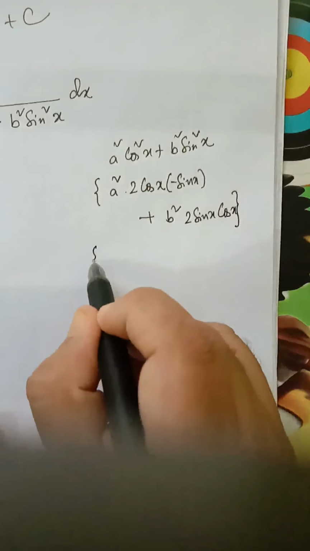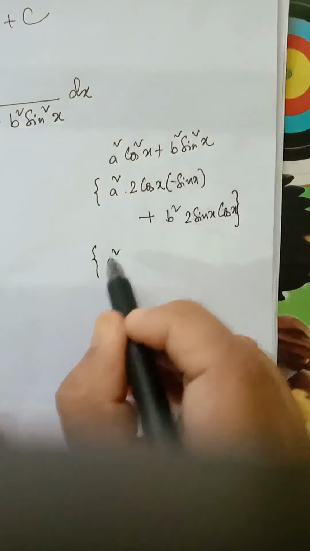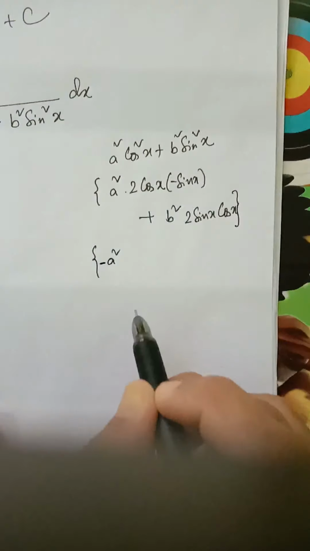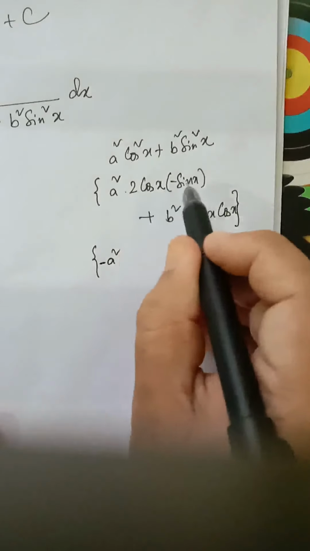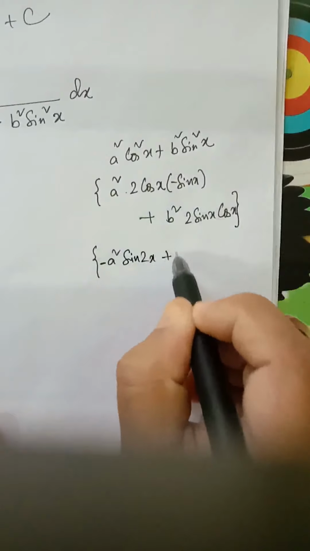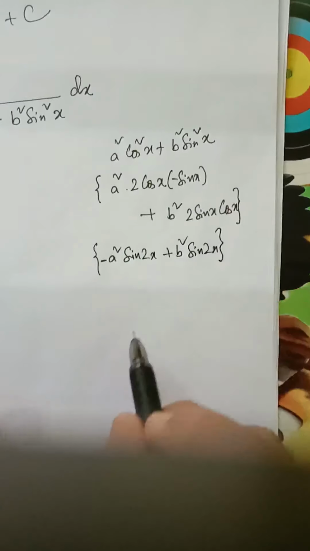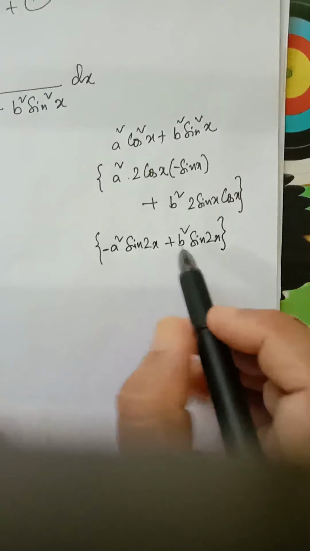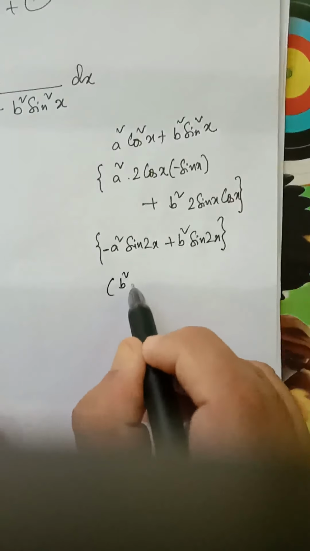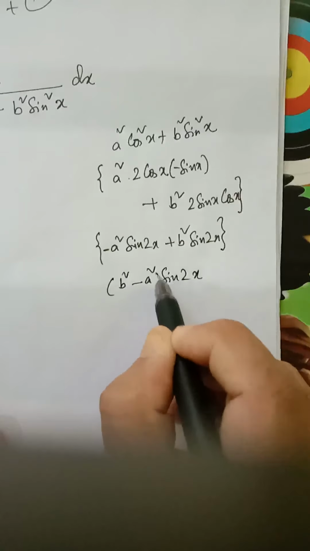Now this is minus a square into 2 sin x cos x, which is sin 2x, plus b square sin 2x. If we take sin 2x common, it will be b square minus a square into sin 2x.